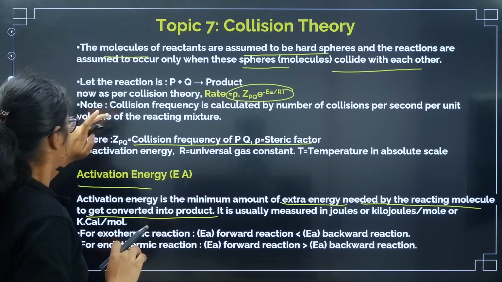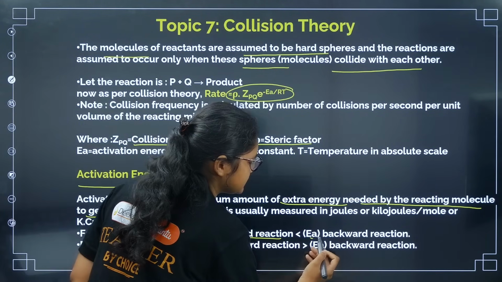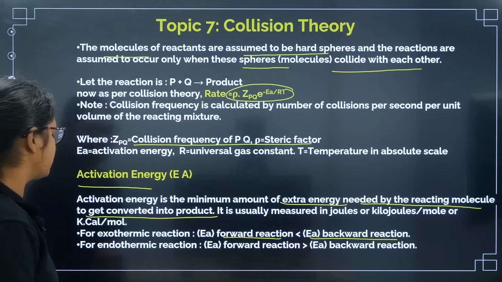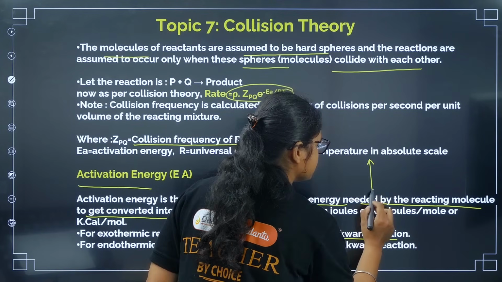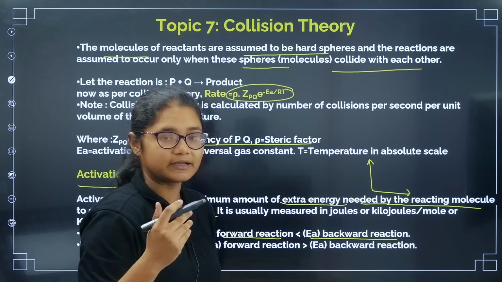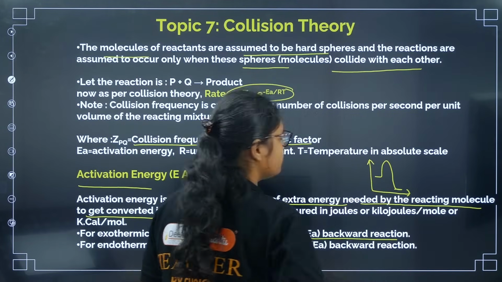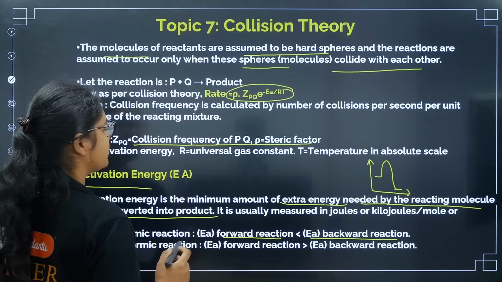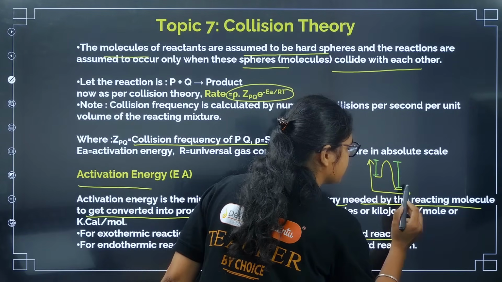Then here you have to see, for exothermic reactions, EA forward reaction is less than EA backward reaction. Can you just imagine this? If we have exothermic reactions, I can draw the graph here. Exothermic reactions mean the product's energy will be lesser than the reactant energy. So the activation energy for the forward reaction is this one, and the activation energy for the backward reaction is this one.